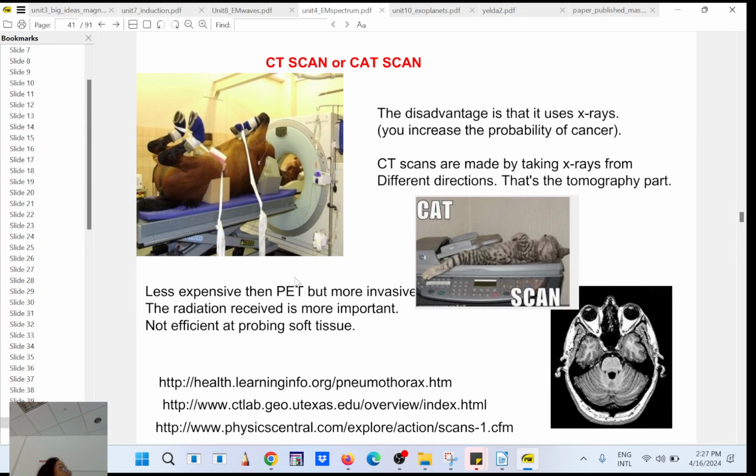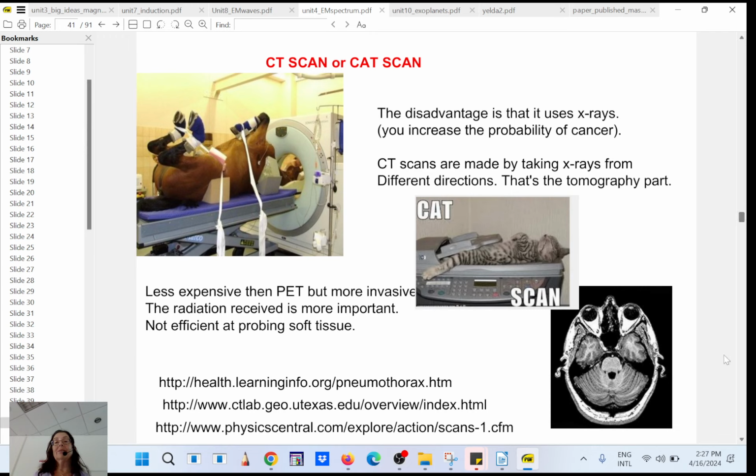Okay, so another application is the CAT scan. You know, I guess they love animals. You have the PET scan, the CAT scan. So CAT scan also uses X-ray, okay? But what you're going to get is a tomography. It means you have X-ray going through here, X-ray in this direction, X-ray in that direction, okay?